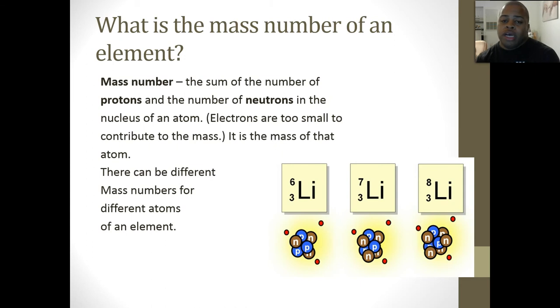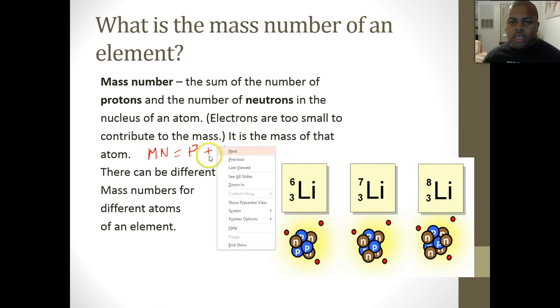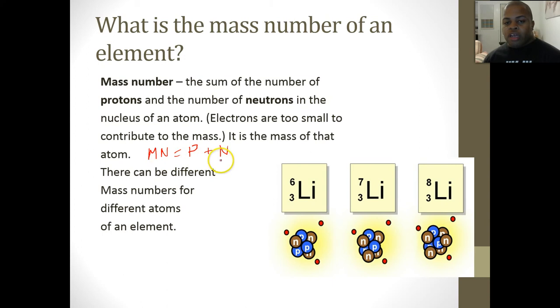But things to keep in mind here, since we said that our mass number, I'll write it in here, mass number equals protons plus neutrons. If we are given our number of protons, we have our mass number, we can always find our number of neutrons. Keep that in mind because we're going to need that a little bit later.